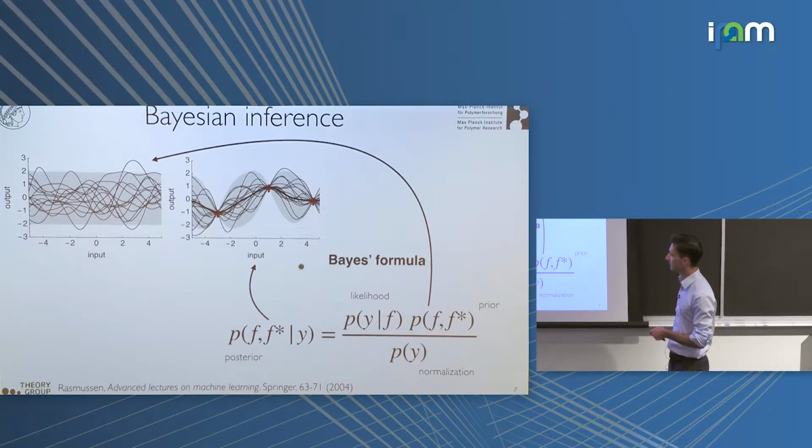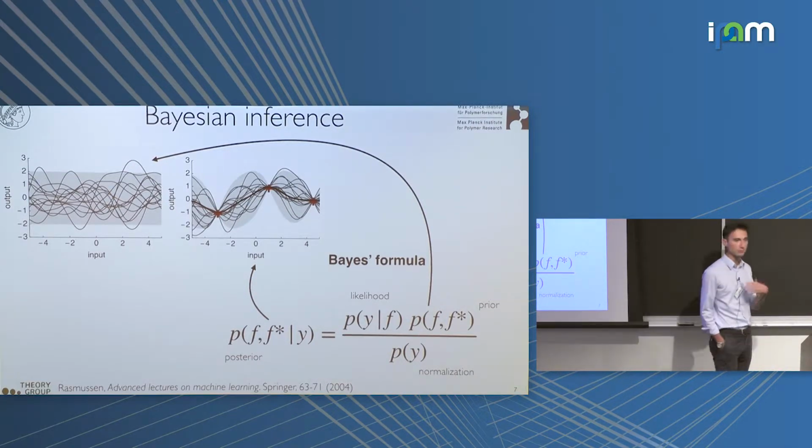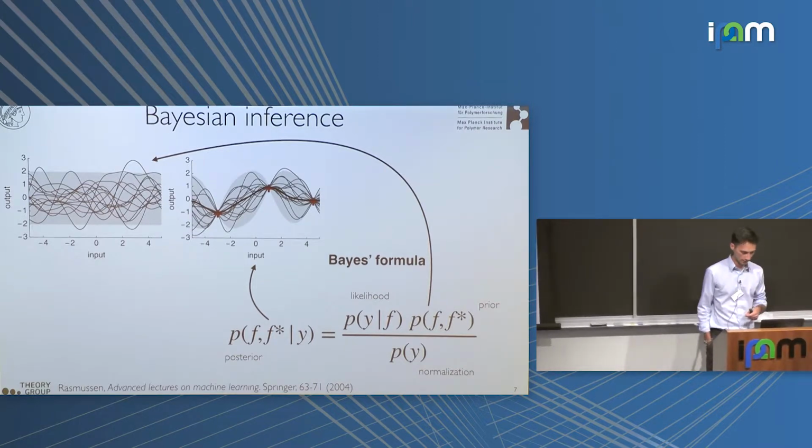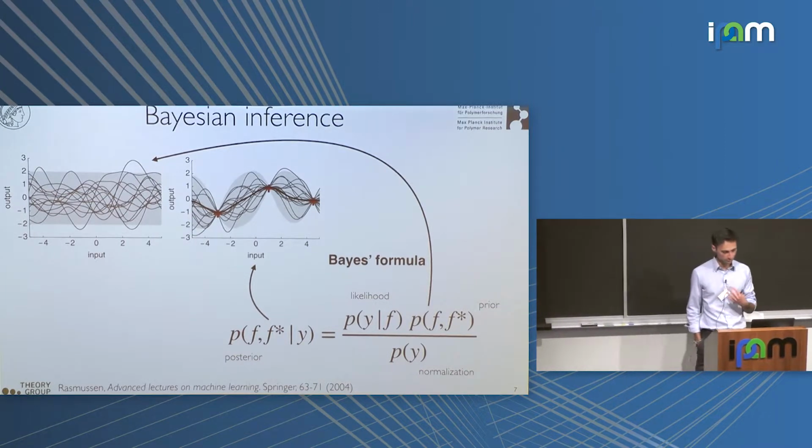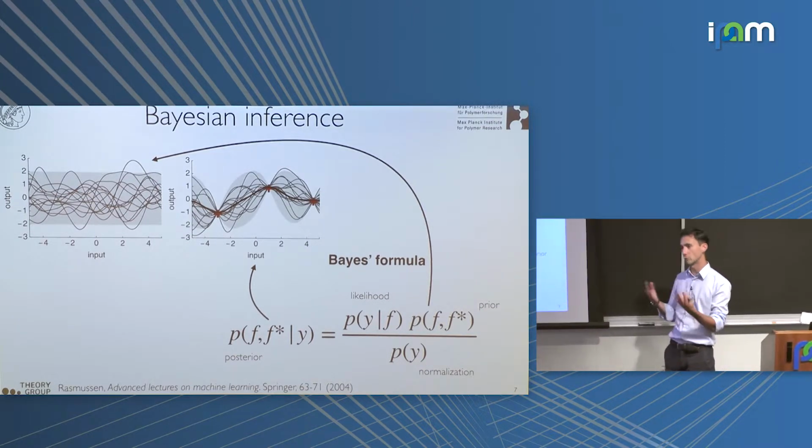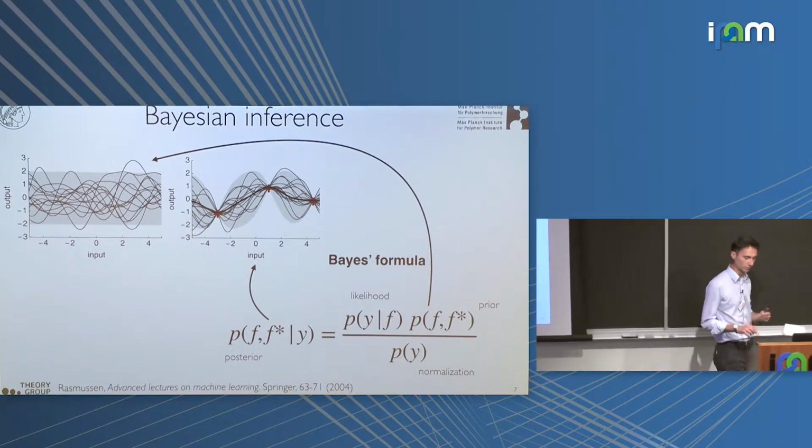The likelihood is basically the training points I'm feeding in, the red points there, so all my possible function values go through these points, because I'm interpolating through the training points. And then the prior is the space of functions that I'm a priori allowing. If I don't have any information, I'm going to use a so-called uniform prior, which means I'm not going to provide any a priori information.